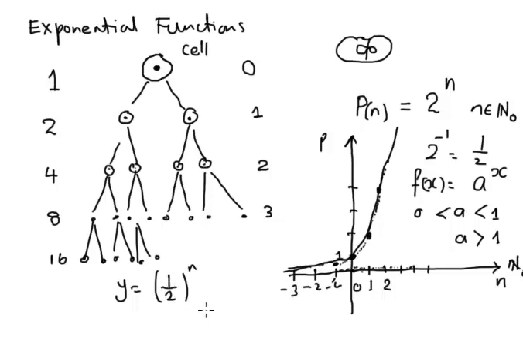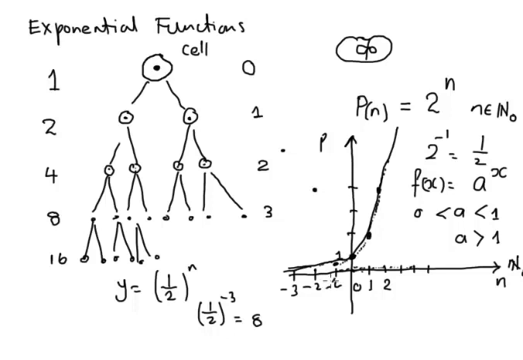If I take half to the power minus 3, what is that number going to be? 8. Good. So the value of the function here will be very, very high somewhere there, 8. When I go to minus 2, what am I going to get? 4, which means it's going to be this 4 there.